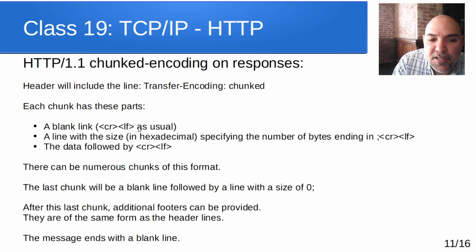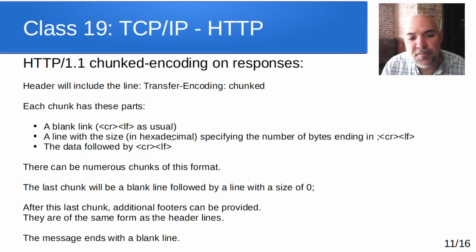If there's another chunk, we'll get another hexadecimal size number ending with semicolon carriage return line feed, and then that much data, and then a carriage return line feed. And if there's another chunk, we get another line with that, and so forth. So that allows us to have numerous chunks come through.